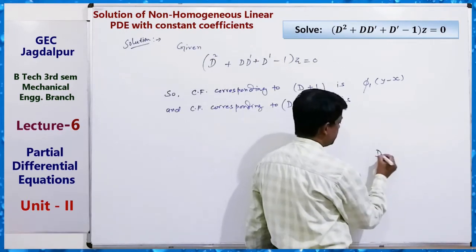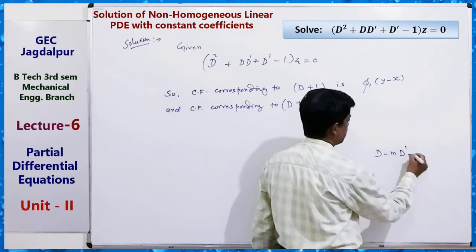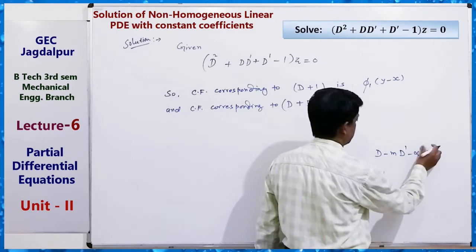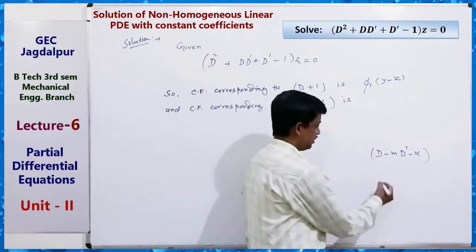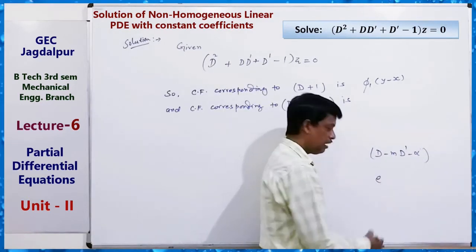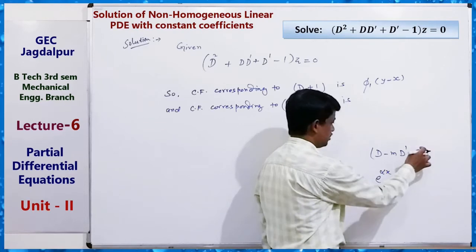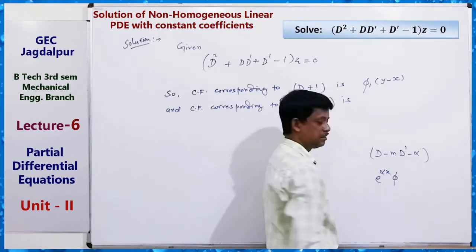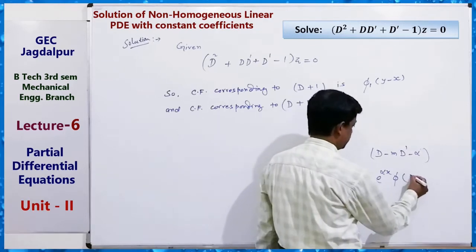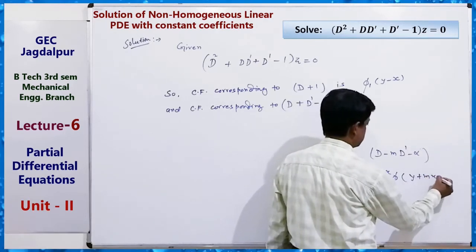The formula is (D − mD' − α). If this is a factor, then e^(αx) φ(y + mx).